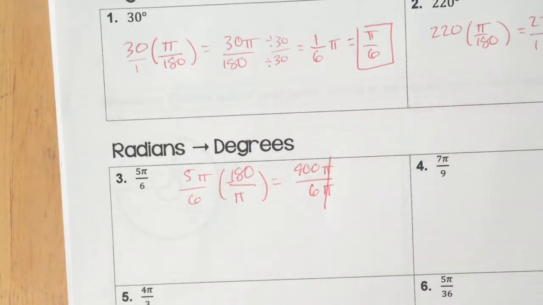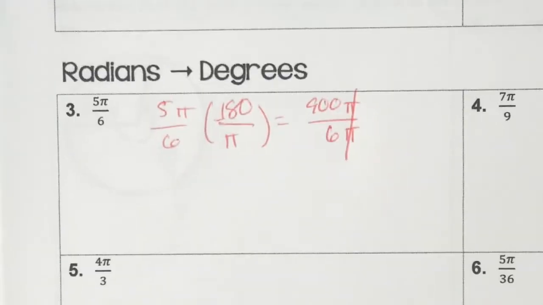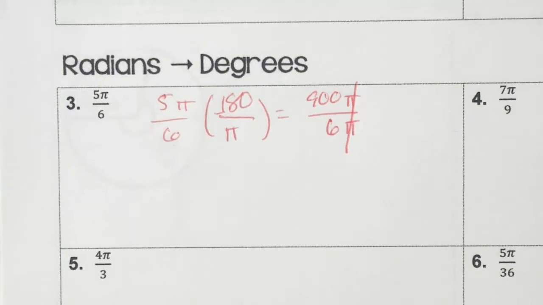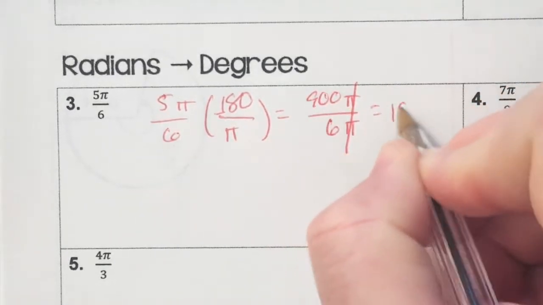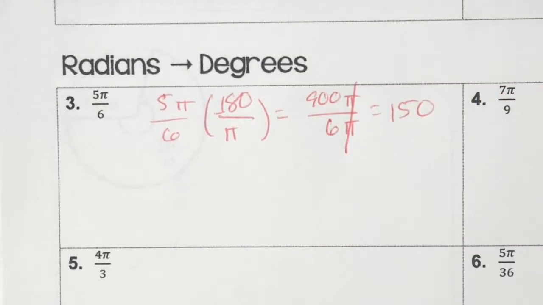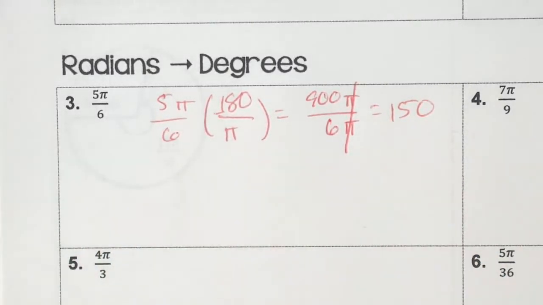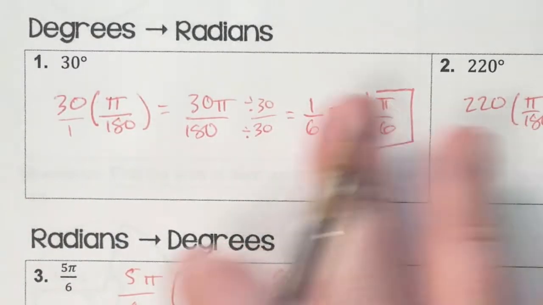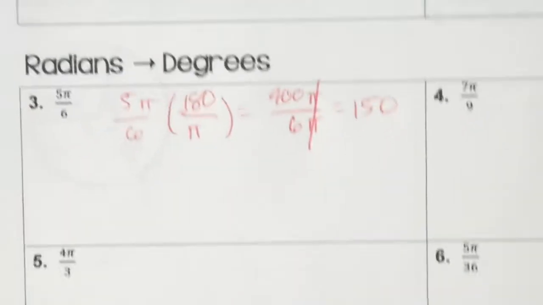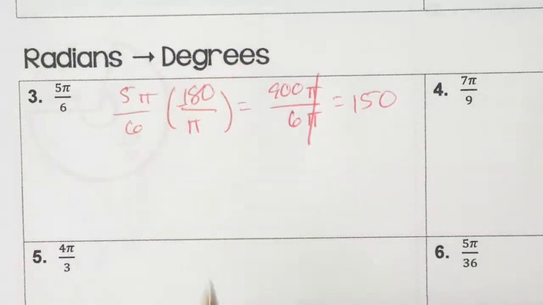The pi is crossed out. So 900 divided by 6, and we get 150 degrees. And that's it. That's your answer, 150. That's what we're going to be doing mostly. There will be just a couple of practice problems going from degrees to radians, but what we really want are radians to degrees, because we are comfortable with degrees.